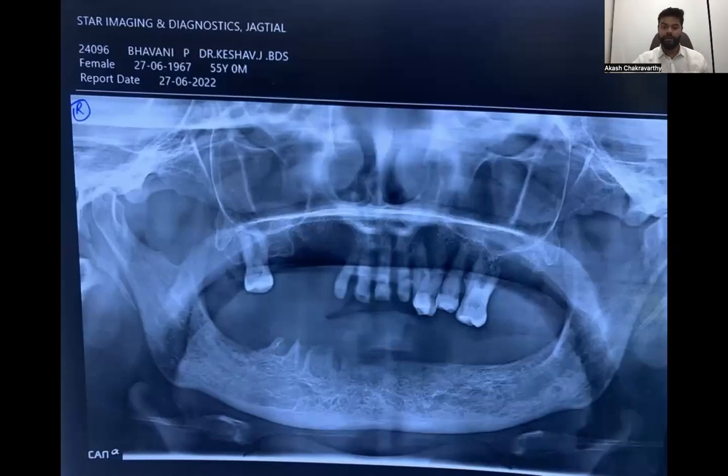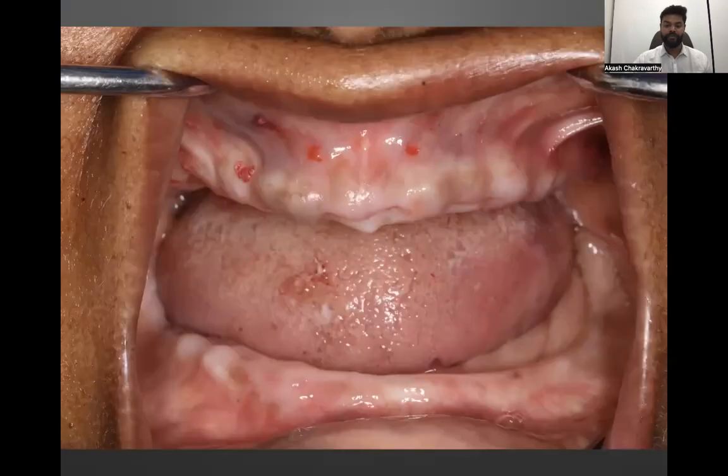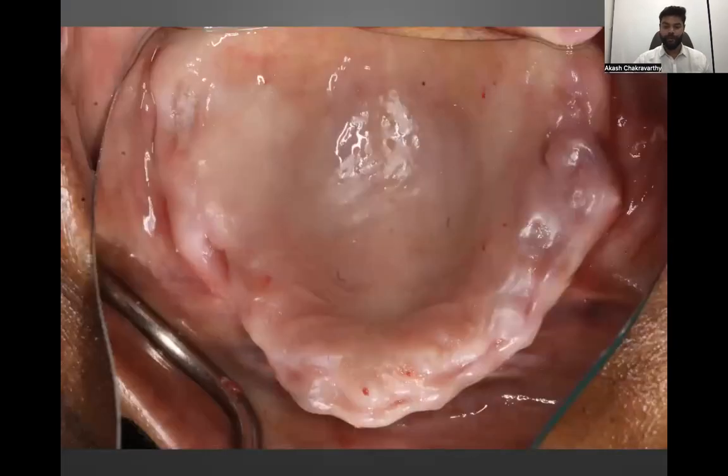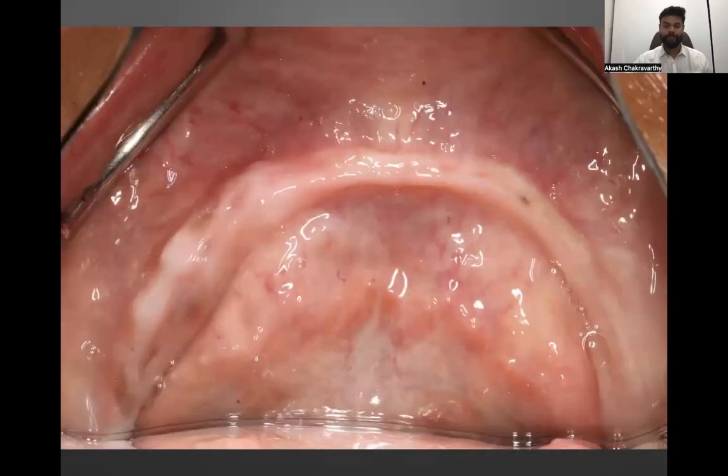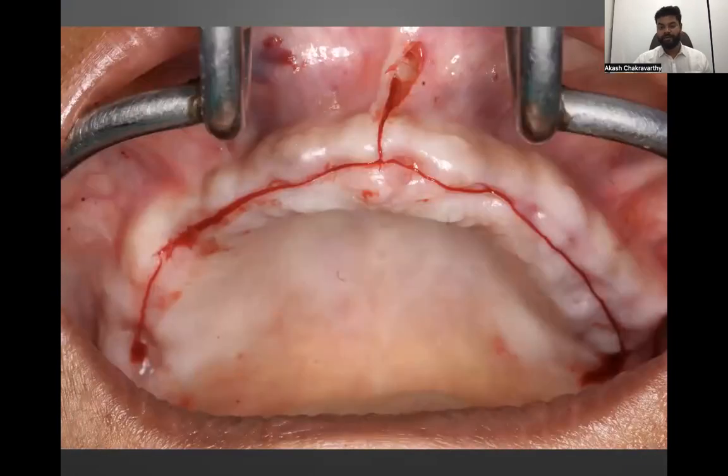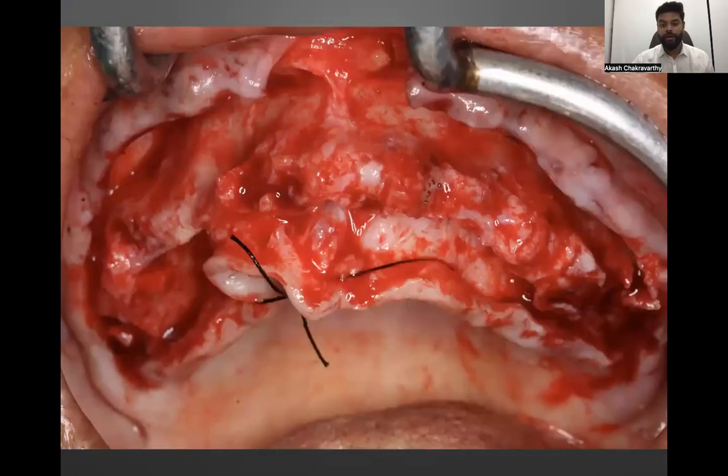This was the OPG shared with me. Okay, this is the intraoral image. This is the upper arch. This is the lower arch. Okay, so this is the incision I had given for the upper arch, and we take a full thickness flap for the upper arch.